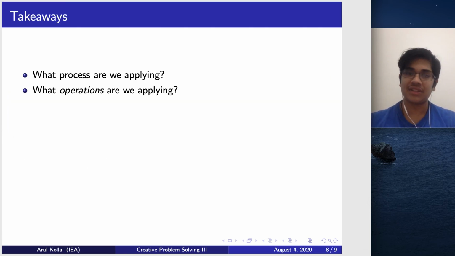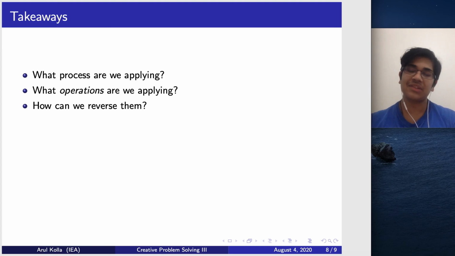What specifically mathematical operations, plus, minus, times, divide. And how can we reverse the process to get the answer? So again, you'll see most working backwards questions have a start, process, and an end. So to solve the question, you start at the end, reverse the process, and you'll get to the start.